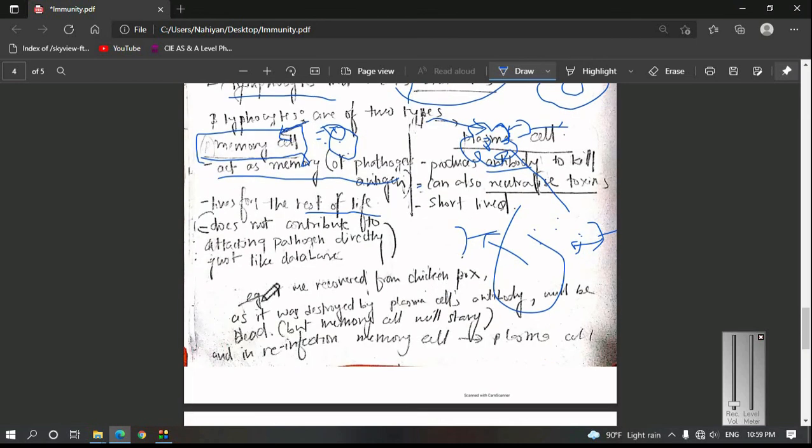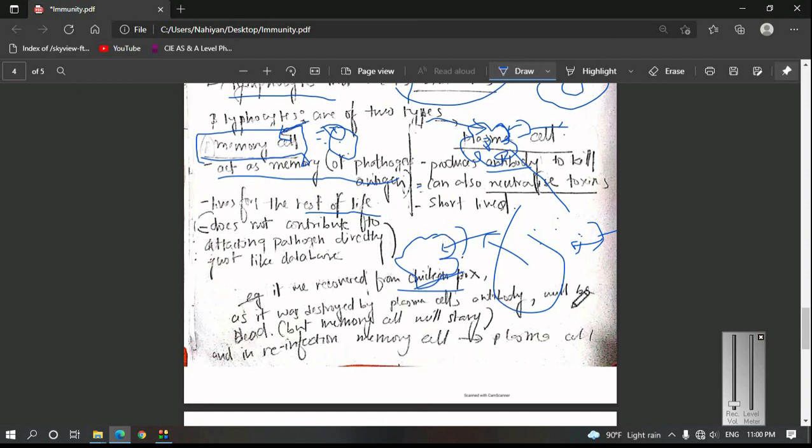So I've given an example. If you recovered from chickenpox, the pathogen was destroyed. What happened was the plasma cells produced antibody, which bound to the pathogen and did the task.